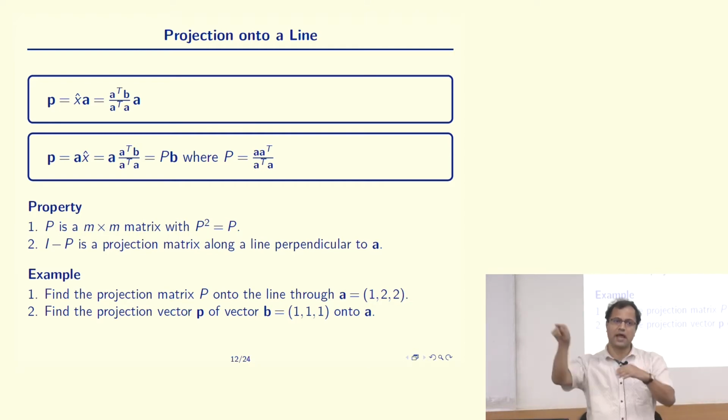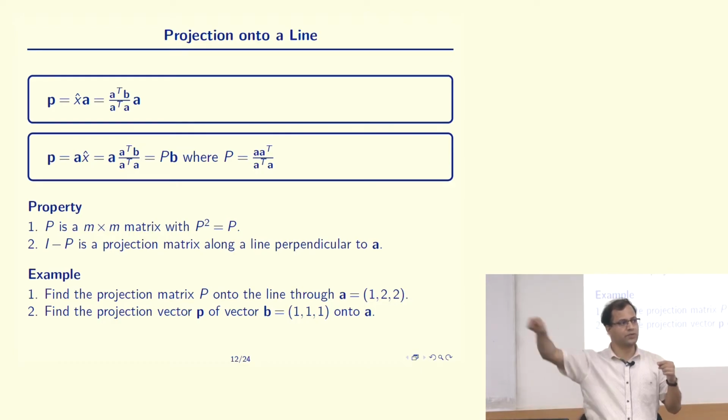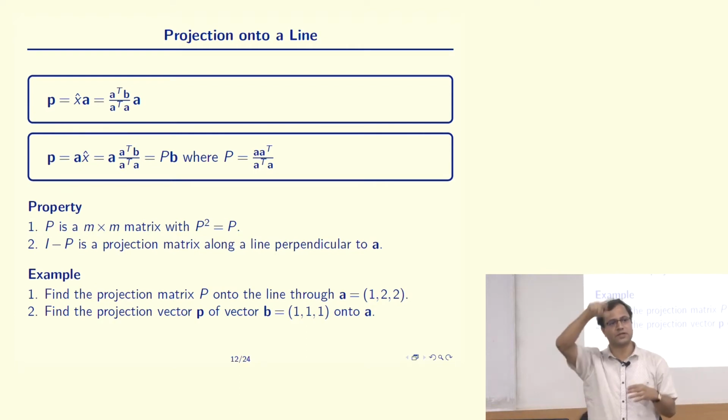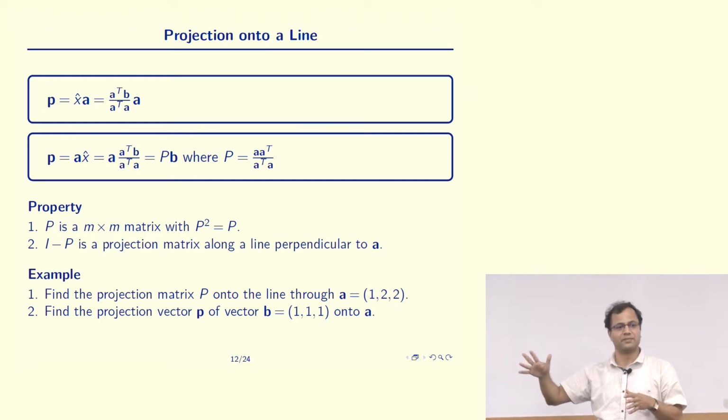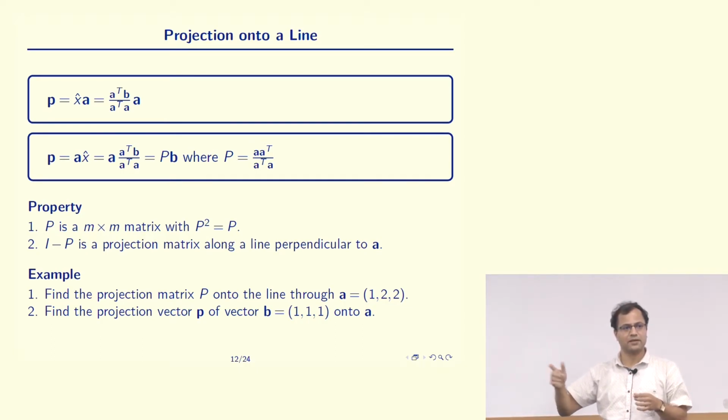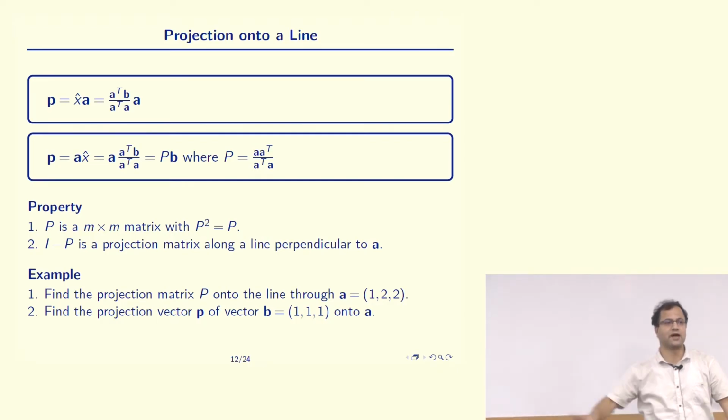Given a line, you can always find its projection matrix by computing A A transpose by A transpose A. It depends only on A, and then given any vector B, you just multiply and you will get the projection vector P. So this is very important to understand: given the line direction along which you are going to project, you can always find the projection matrix capital P. You do not need the B vector to find the projection. First, you are given the direction, you can find the projection matrix.